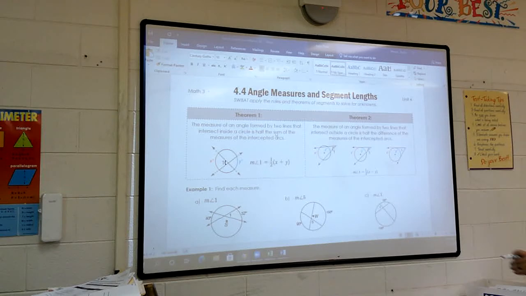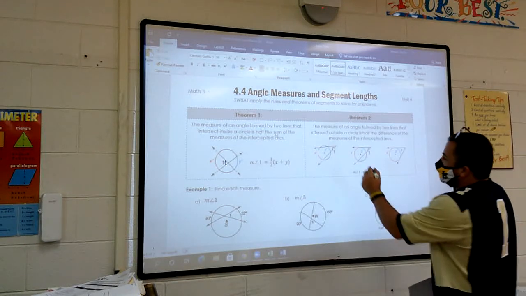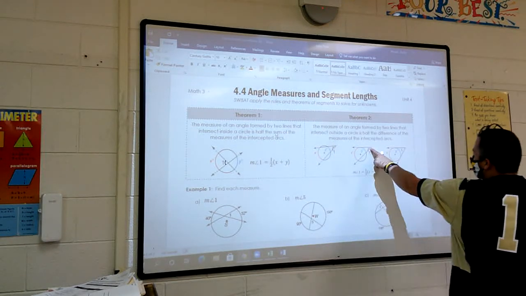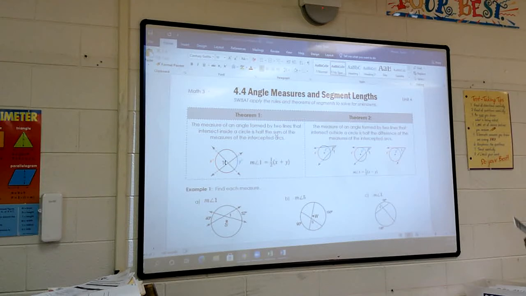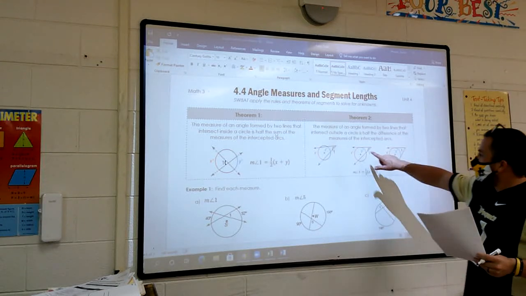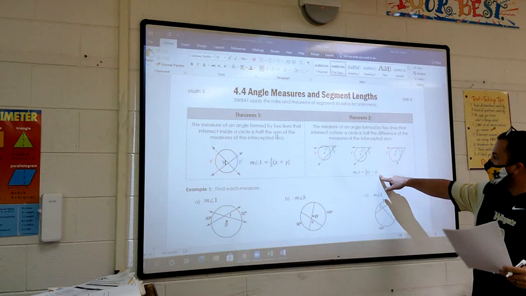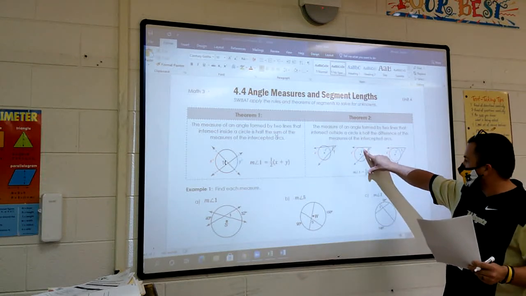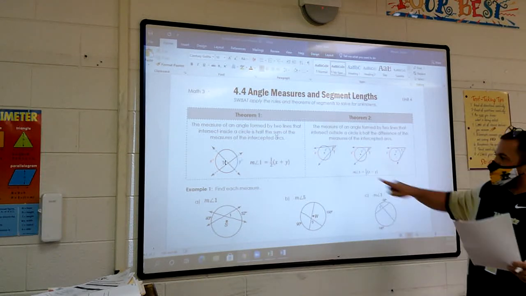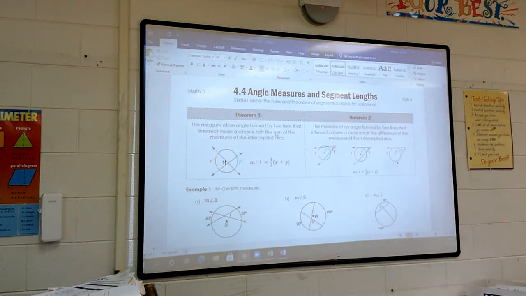Theorem 2 tells me if I have an angle that's outside of the circle, so it's way out here, then what I do is take the two arcs that it touches and I actually subtract them. I take the bigger one minus the smaller one, and it's half of that. So notice the difference.